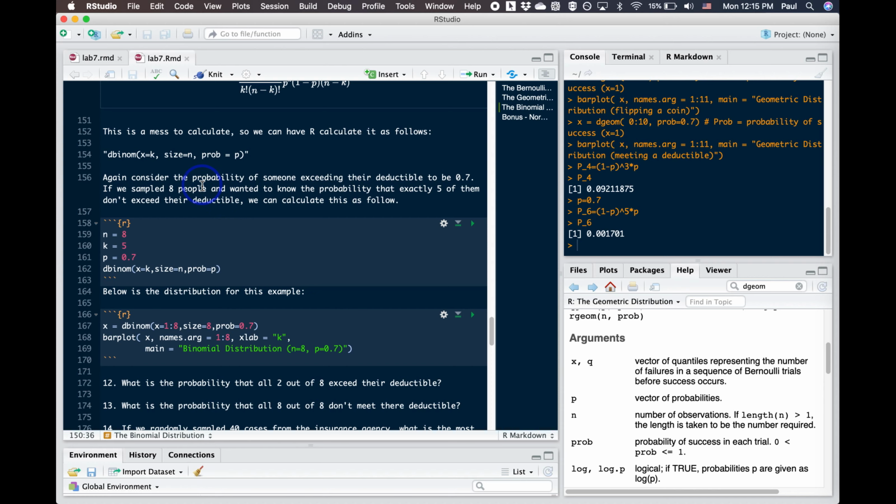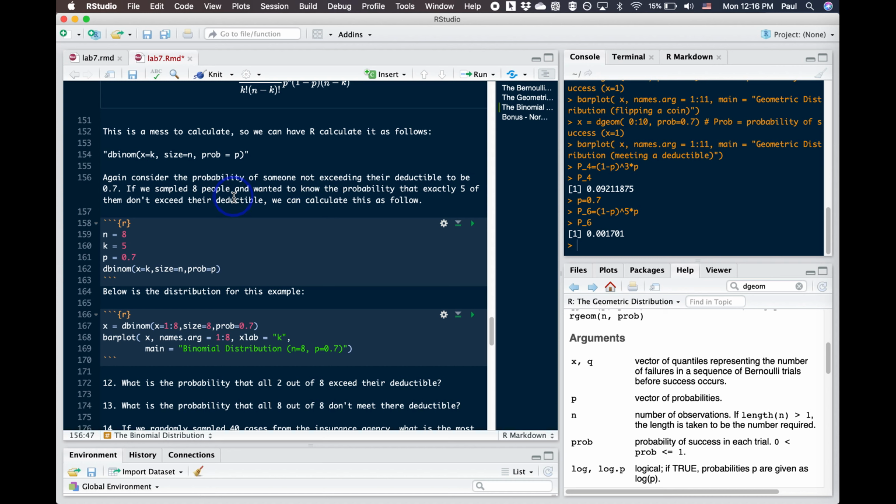So, okay, the deductible example. The probability of someone exceeding their deductible is actually 0.3, sorry. The probability of someone not exceeding the deductible is 0.7. So let's correct that. Okay, and now we're saying I have 8 people I'm sampling.